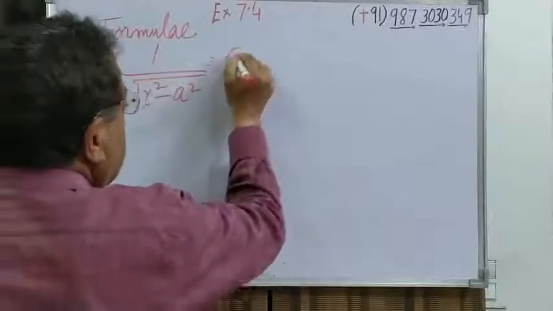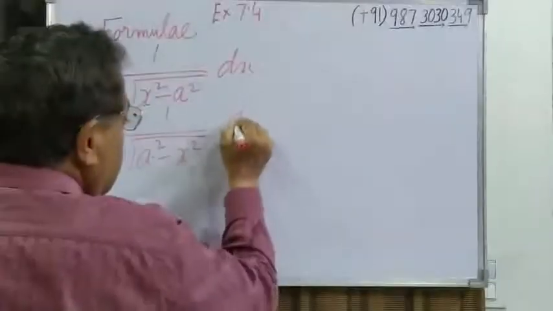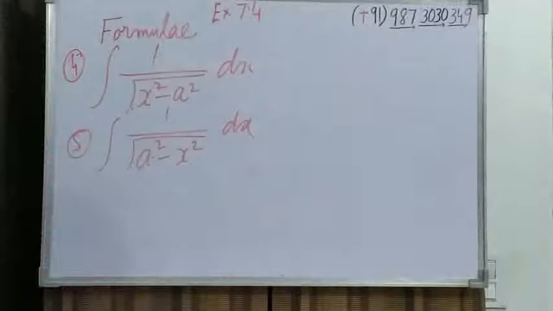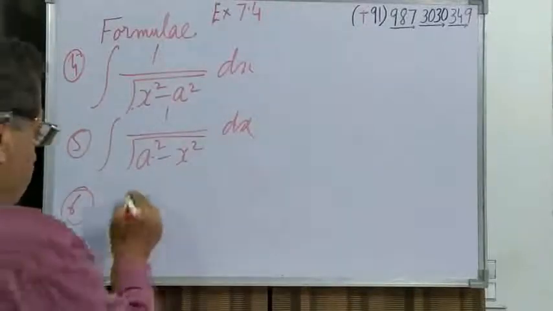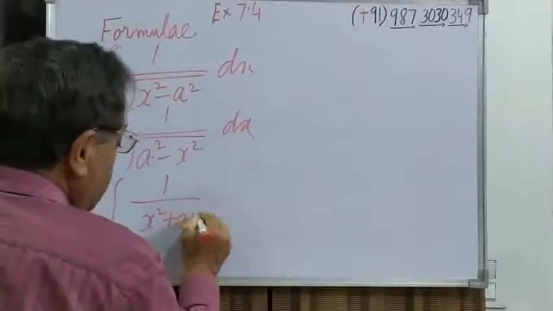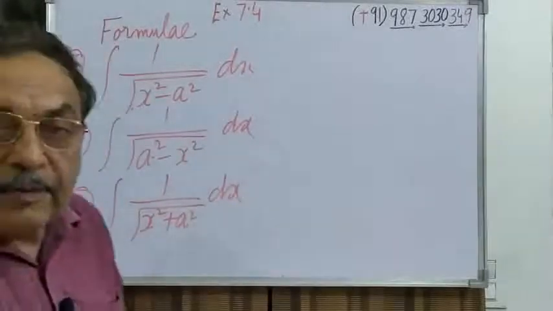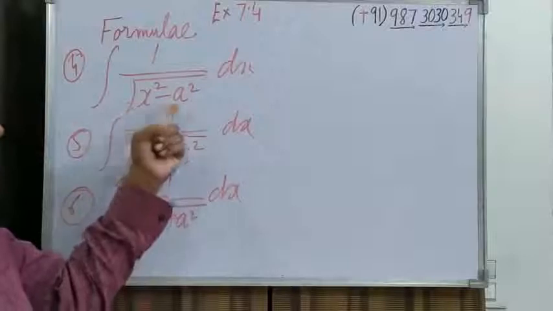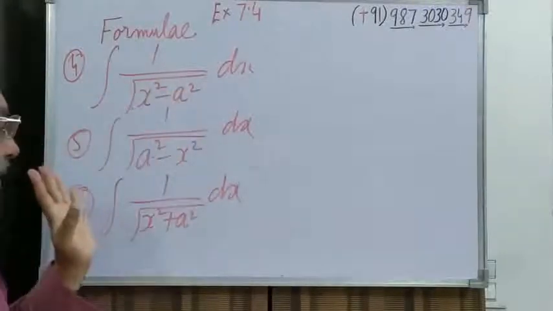The fifth one is 1 upon the square root of a square minus x square. And the sixth one is 1 upon the square root of x square plus a square. Our first formula was x square minus a square without the root. Now we have given the square root to that.